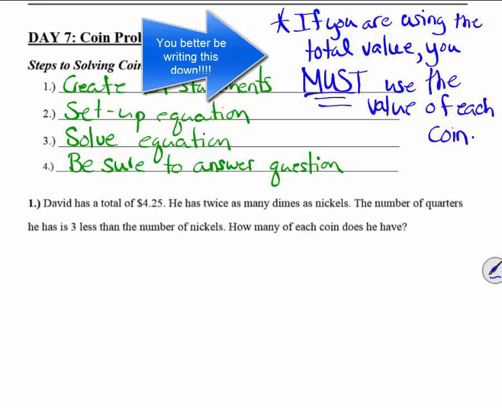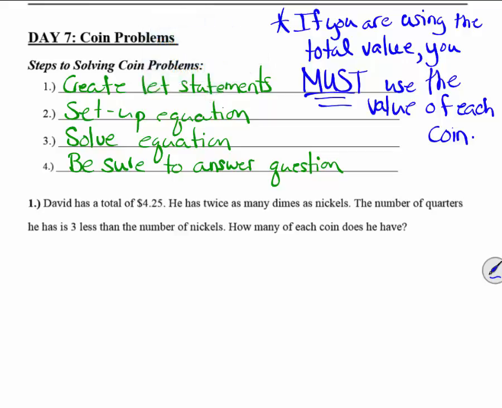Right, so we know then that a quarter is worth 0.25, a dime is worth 0.10, a nickel is 0.05, a penny is 0.01. So let's see what I'm talking about here.